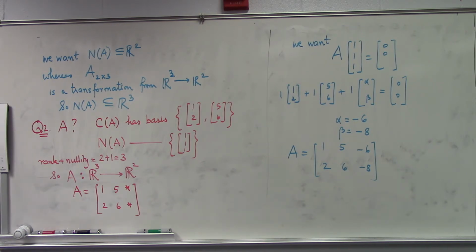Okay. So now that we have the description of rank nullity, we can now try to define the remaining two spaces, the row space and the left null space.